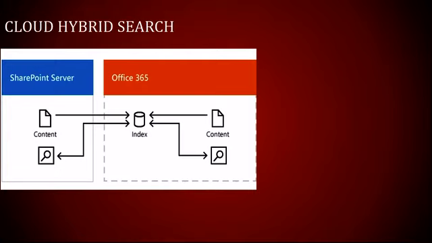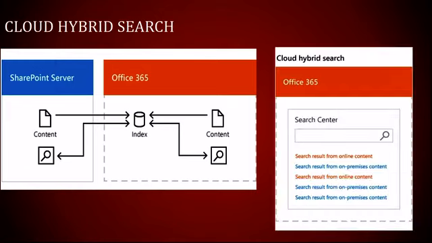It's a great leap forward from the previous iterations of SharePoint. This was with the new SharePoint Online as well as SharePoint Server, the big plus, because the user experience is absolutely fabulous and beautiful. They get one single search center result set.